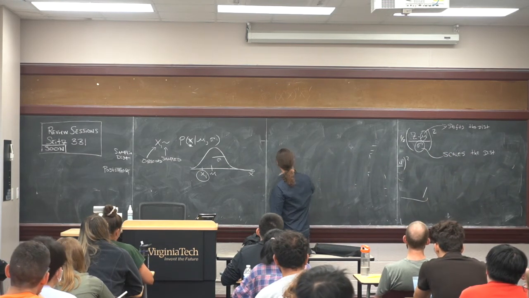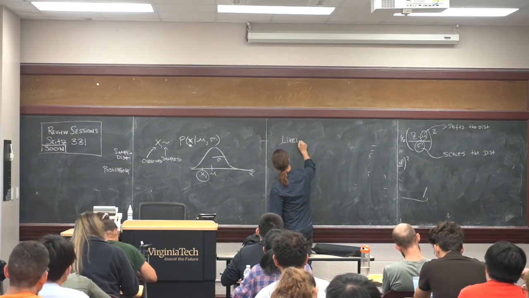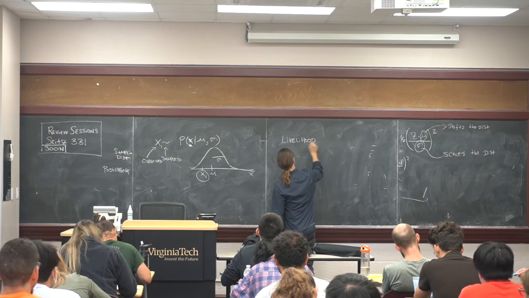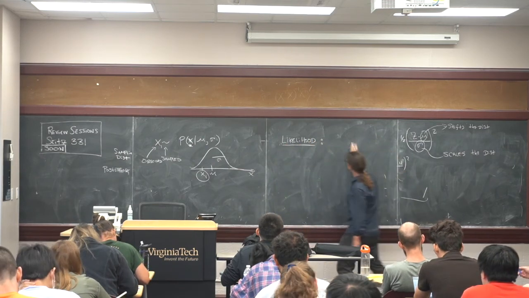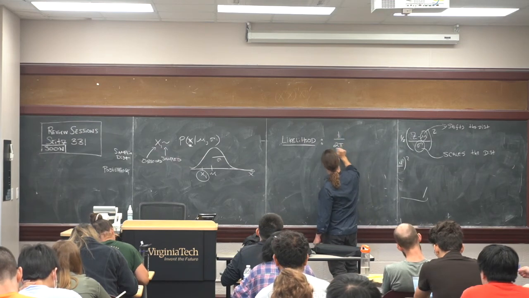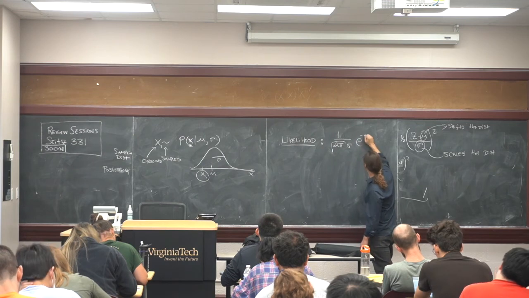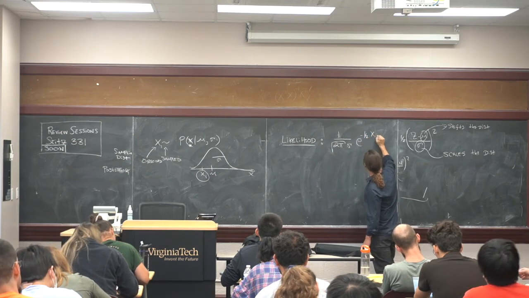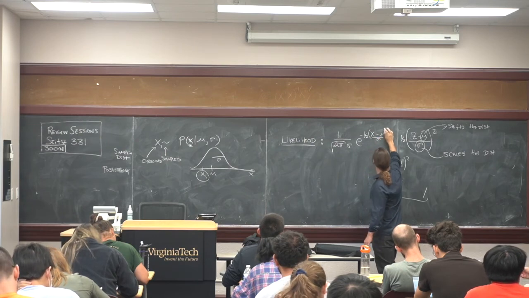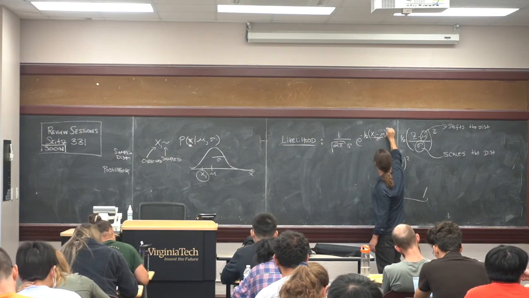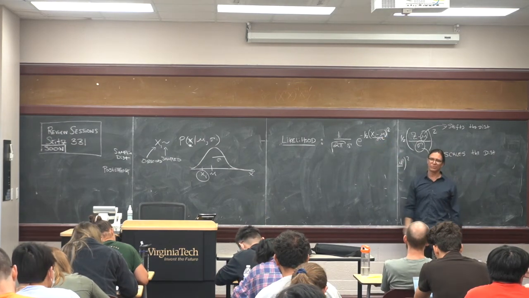So our likelihood function looks like this: e to the minus 1/2 ((x1 minus mu) over sigma) squared.